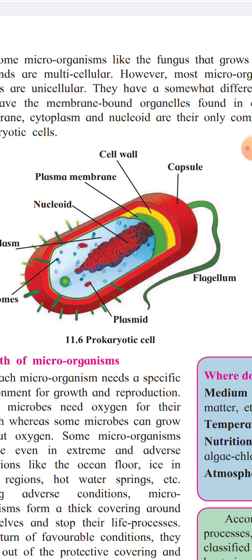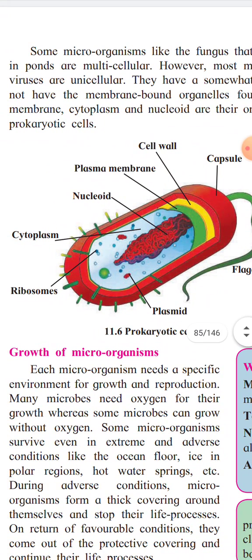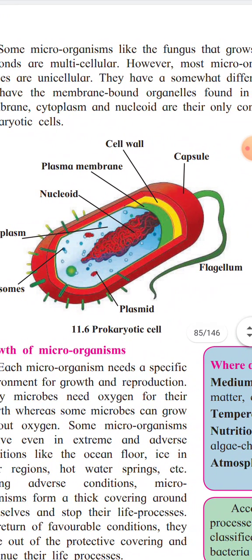Flagellum is for the movement of such types of cells. If they want to move from one place to another, a single flagellum helps for movement. In such a cell, the plasma membrane, cytoplasm and nucleoid are the only components. Here, absence of what? Absence of membrane-bound organelles. Understood?